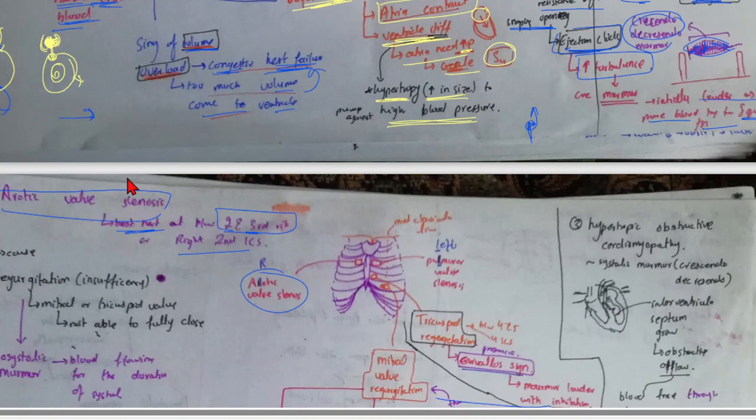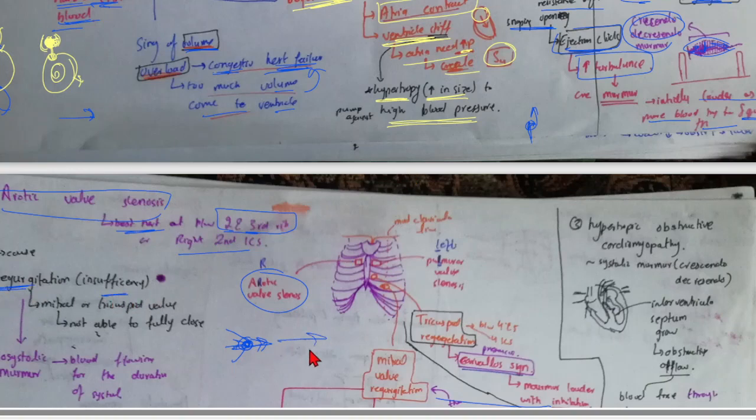Stenosis means the blood comes through this narrow area, so they push the blood and this creates a stenosis murmur. The blood cannot move on easily, so it is called stenosis, and it creates a murmur.